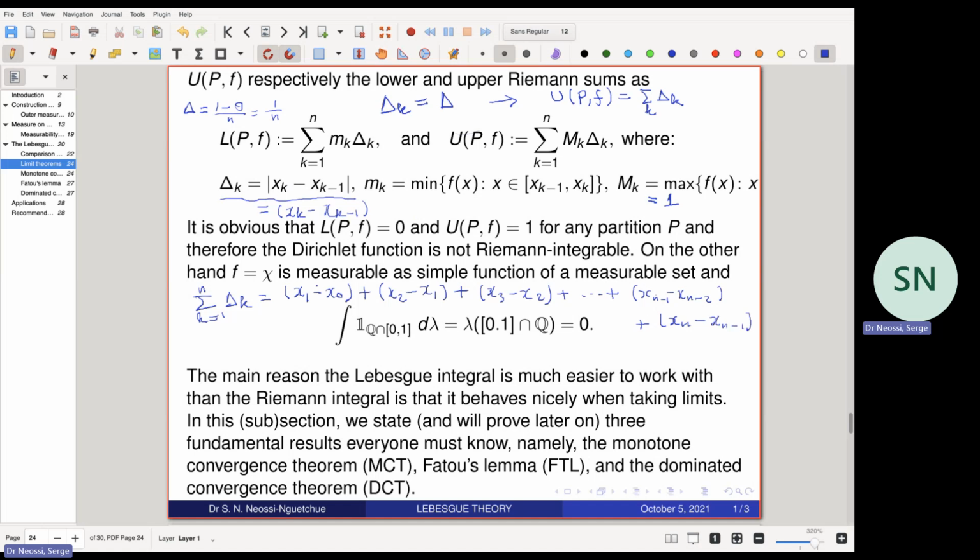Now, you can see that the first term of the parentheses, x1, will cancel out with the second term of the next expression. So we will do exactly the same thing here. This will cancel out with the next term of the second expression. This x3 will cancel out with the second of the next, and so forth. So everything will cancel out.